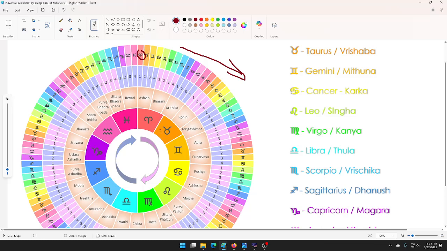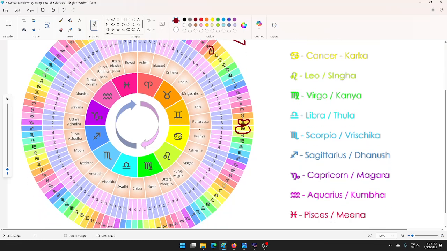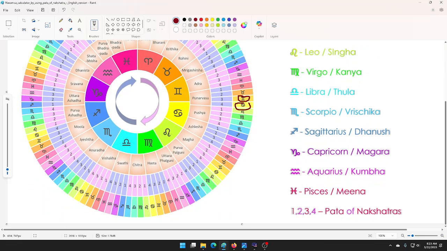Okay, fixed sign. Taurus, right in the middle. Gemini, right at the end. Cancer, right at the beginning. Leo, fixed, right in the middle. Virgo, where are you at, Virgo? Right here. Libra, cardinal, right in front. Mutable, in the back.